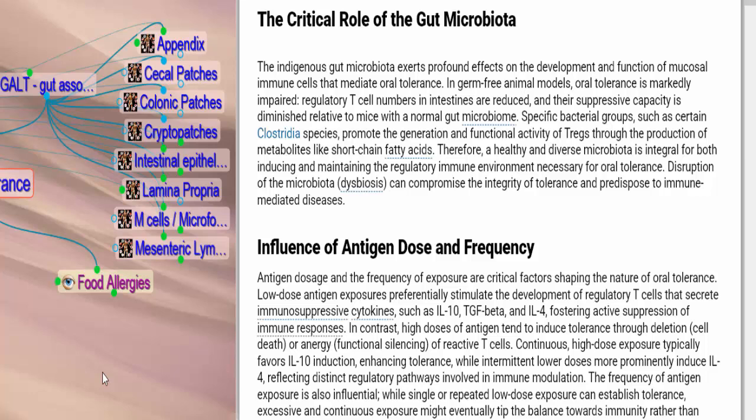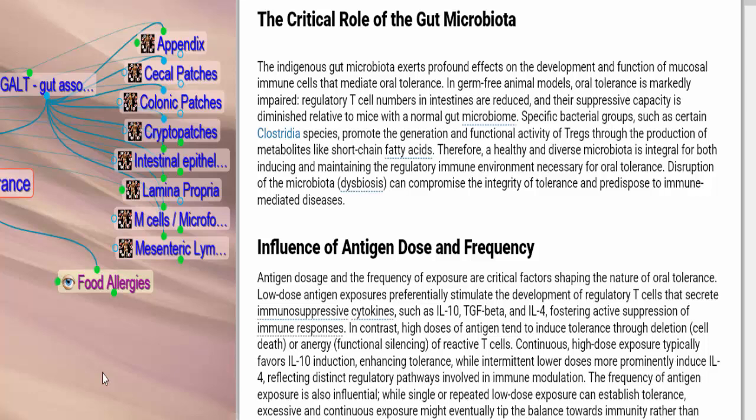Species like Clostridia, for example, promote the generation and functional activity of Tregs through the production of metabolites like short-chain fatty acids. So a healthy and diverse microbiota is important for both inducing and maintaining the regulatory immune environment necessary for oral tolerance. Dysbiosis can compromise the integrity of tolerance and predispose us to immune-mediated diseases.